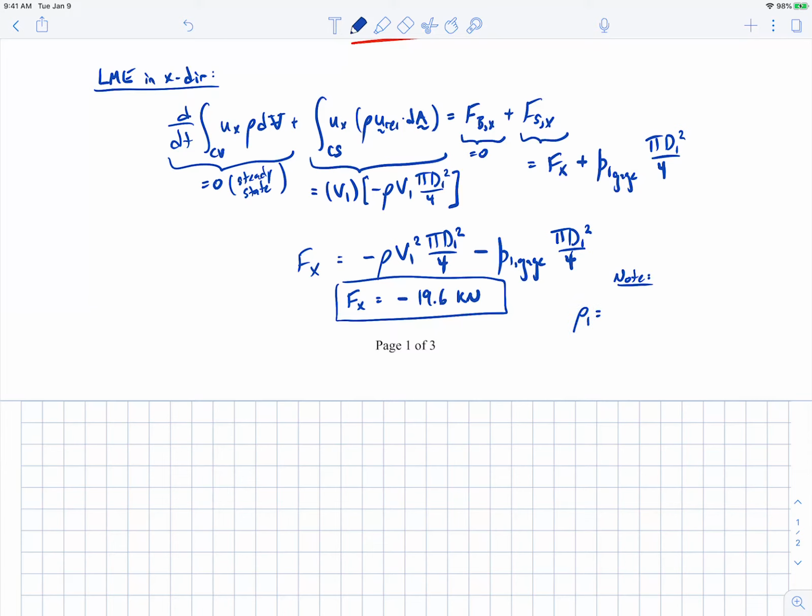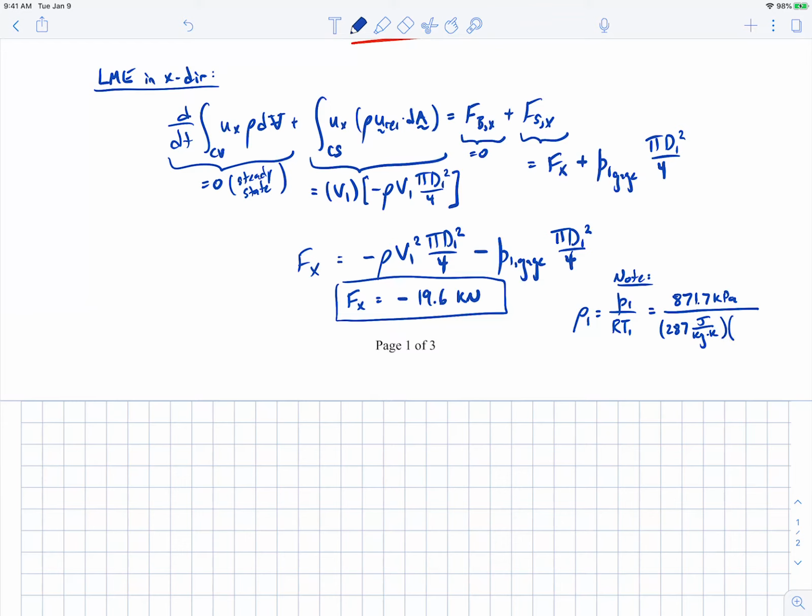Rho 1 will be P1 all over RT1, right? And the P1 was here, we have to make sure we use an absolute pressure because we're using the ideal gas law. So the P1 absolute is 871 kilopascals, absolute pressure. R, this is a good number to remember because we deal with air all the time, 287 joules per kilogram Kelvin.